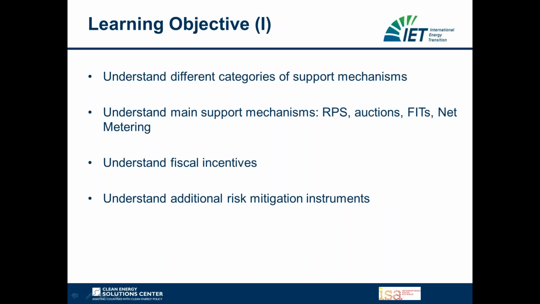So looking at the learning objective, it is crucial for you to understand all of the different main categories of support mechanisms. I just want to stress right from the start that the terminology support mechanisms is sometimes contested because some people argue that it is actually no longer about support.